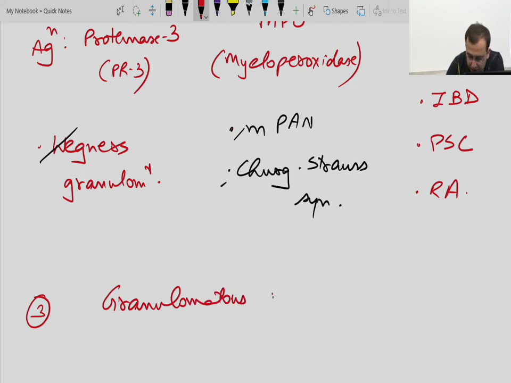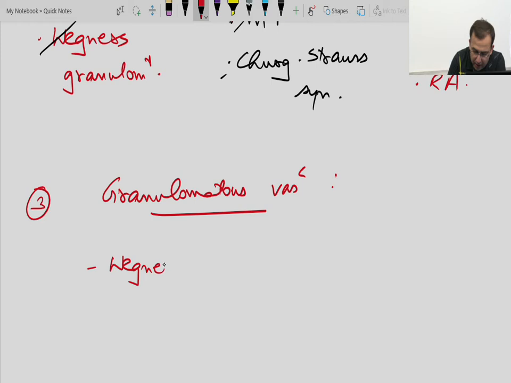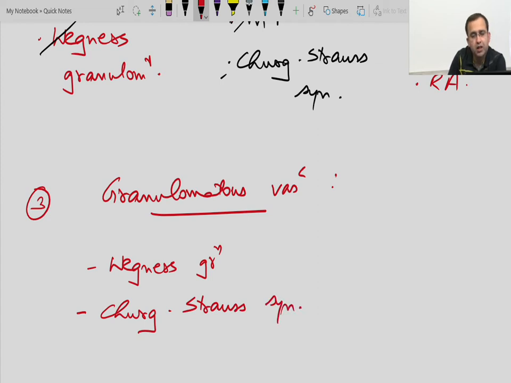The last way to classify vasculitis is granulomatous versus non-granulomatous. The granulomatous vasculitides are, first, obviously Wegener's granulomatosis, as the name has granuloma in it. Next, Churg-Strauss syndrome, associated with asthma, eosinophilia, and granulomas.